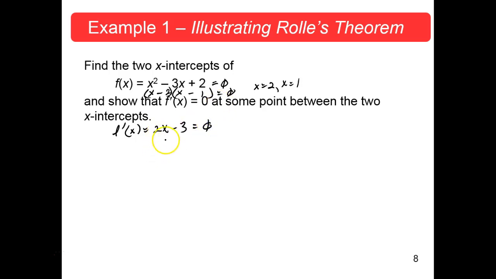We'll set it equal to 0, and what does that give us? 3/2. Exactly midway between those two points. First derivative is 0. Rolle's theorem said it would have one. This tells you exactly where it is, at 3/2.